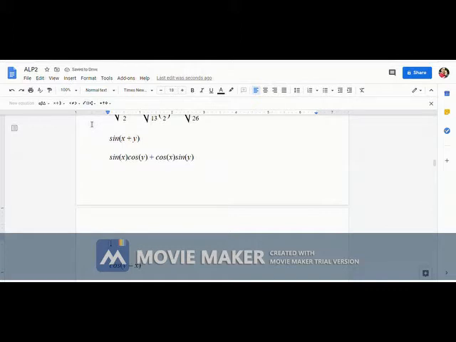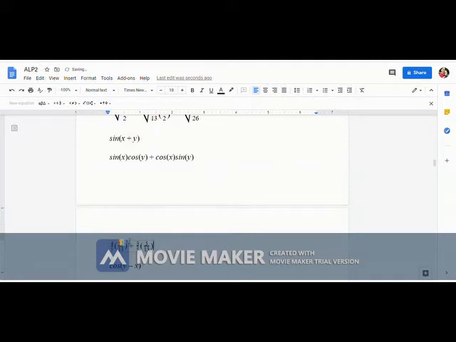So we got sine of x is 4 over 5 times 12 over 13 plus the fraction 3 over 5 times 5 over 13.